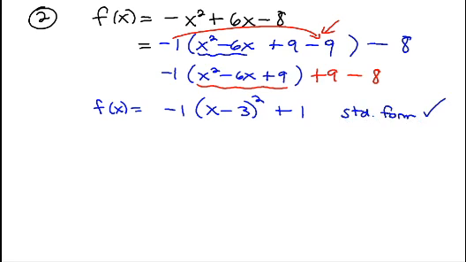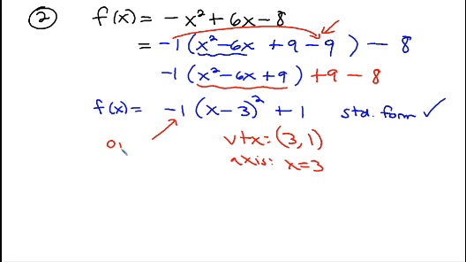Once you have it in standard form, the vertex is easy. The vertex is 3, 1. The axis of symmetry is x equals 3. And I want you to notice something. The a term is negative, which means it opens down.